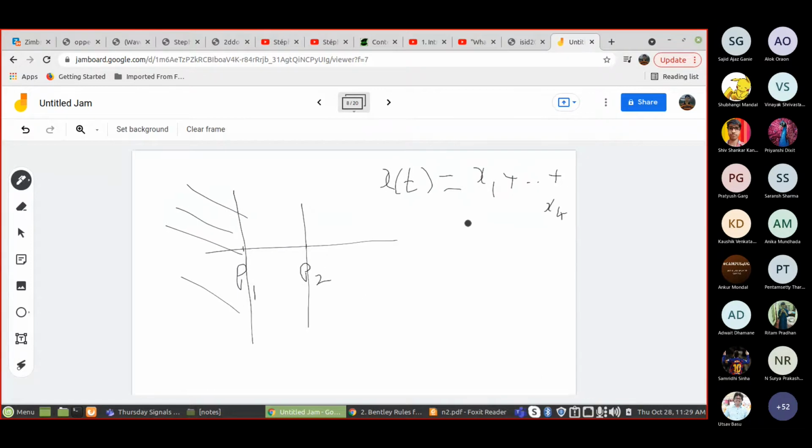If x1 was anti-causal and x2, x3, and x4 are causal, then in this situation the ROC will be empty, for example.